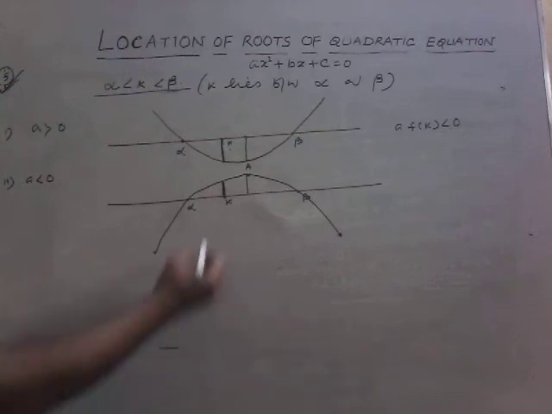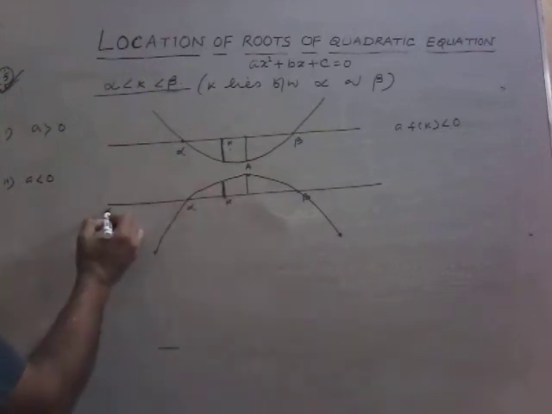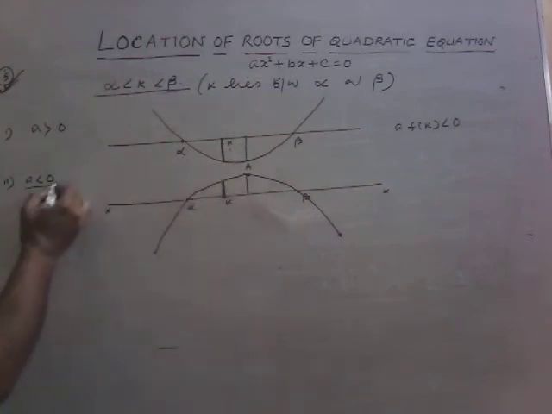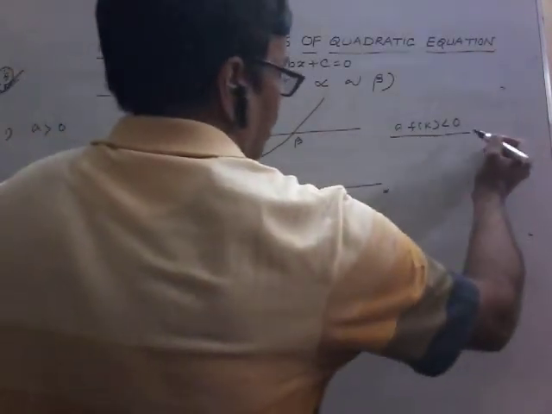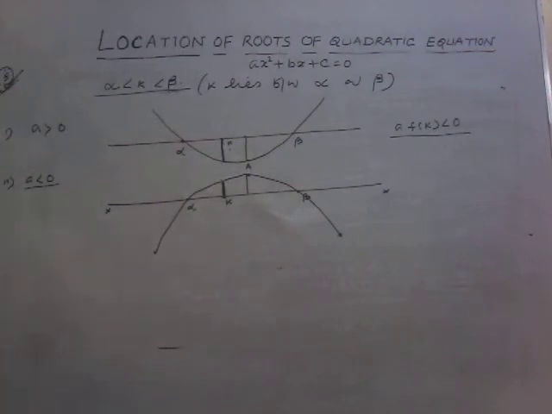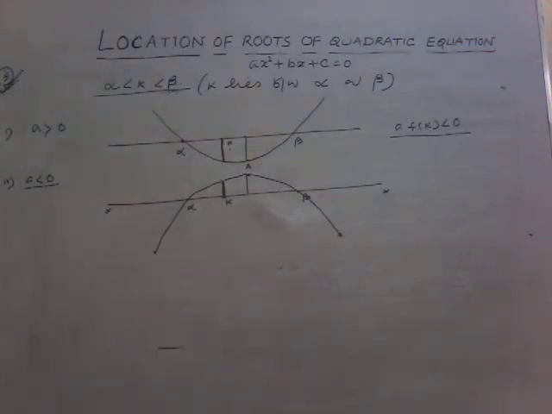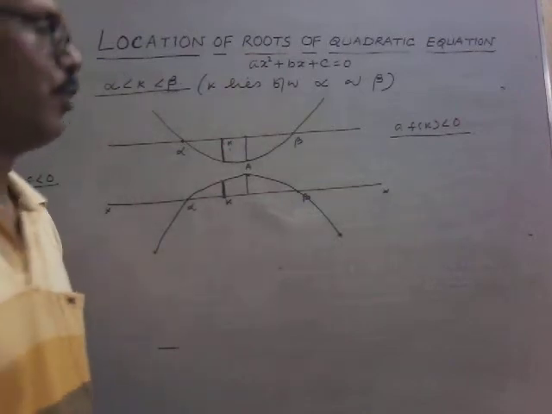Fk is positive, above the x-axis, and a less than 0. So you are getting the same condition, a into Fk less than 0. So this is our condition.